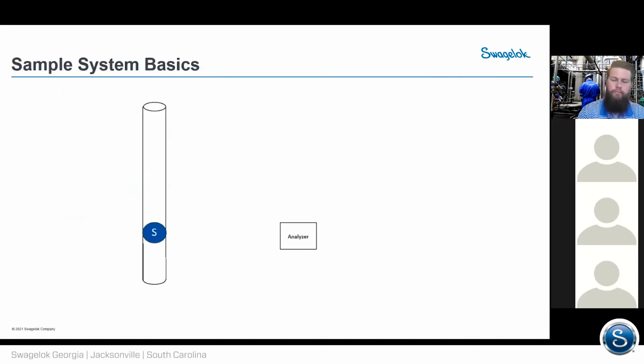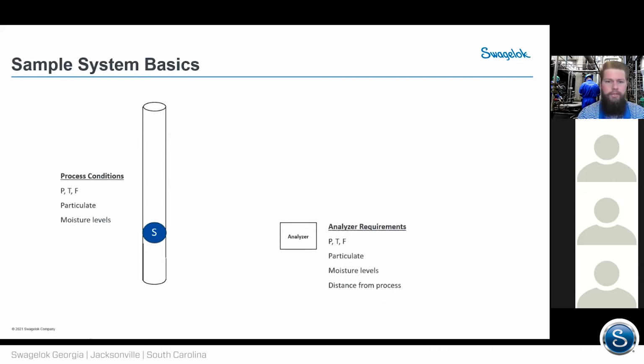So in any basic sampling system, we have a sample that's in a process pipe, right? That process pipe is going to have its own process conditions, pressure, temperature, flow, and particulate levels, and moisture levels are definitely going to be present in a typical process.